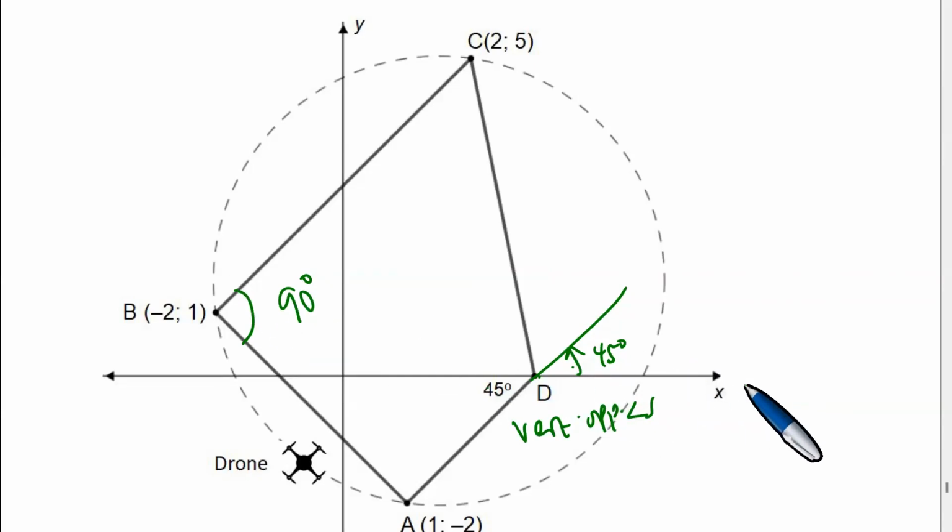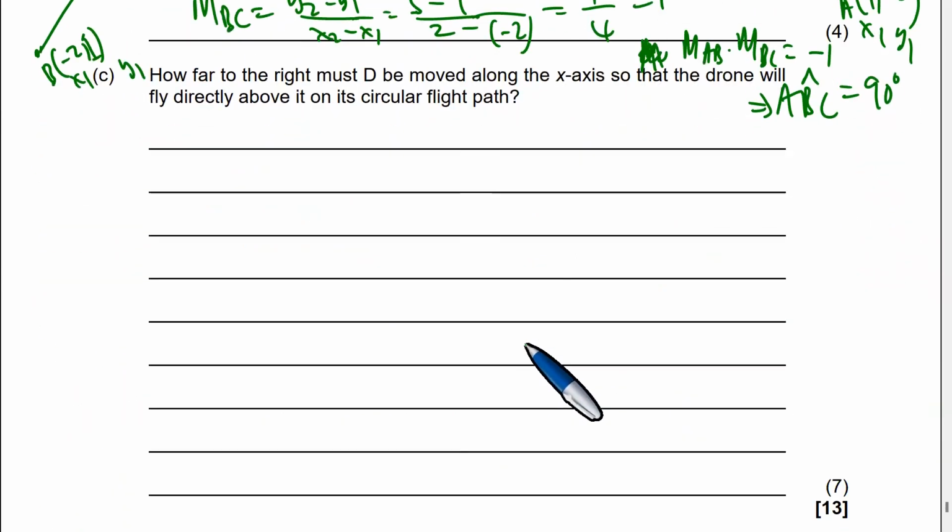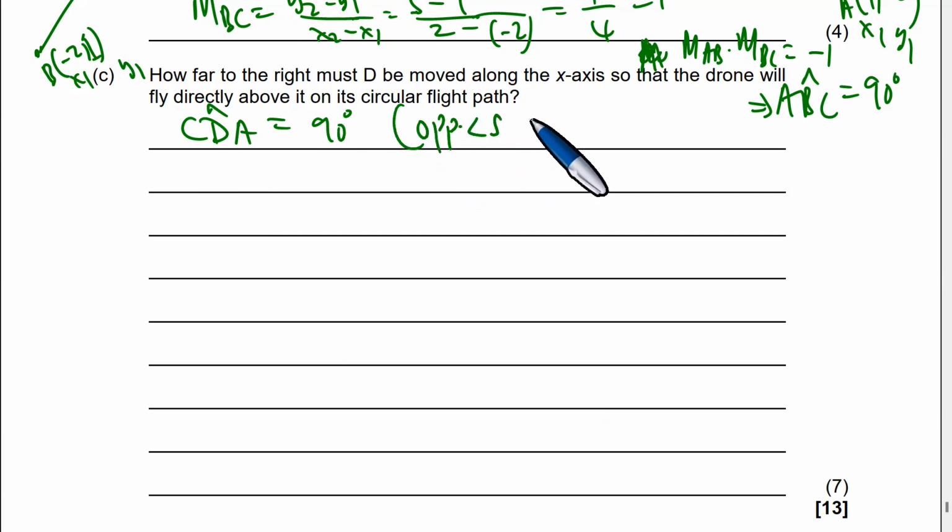That 90 plus 90 is 180, the opposite angles of a cyclic quad. Okay, so that angle CDA is actually 90 degrees. Why? Because you have the opposite angles of a cyclic quad.